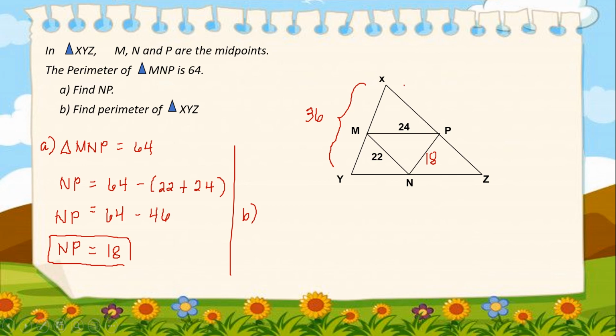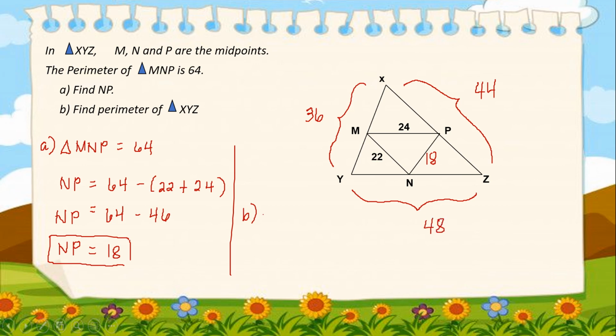Next, length of side XZ. XZ is twice the length of segment MN, which is 22. Therefore, XZ is 44. Next, the length of YZ is twice the length of segment MP, which is 24. And twice 24 is 48.